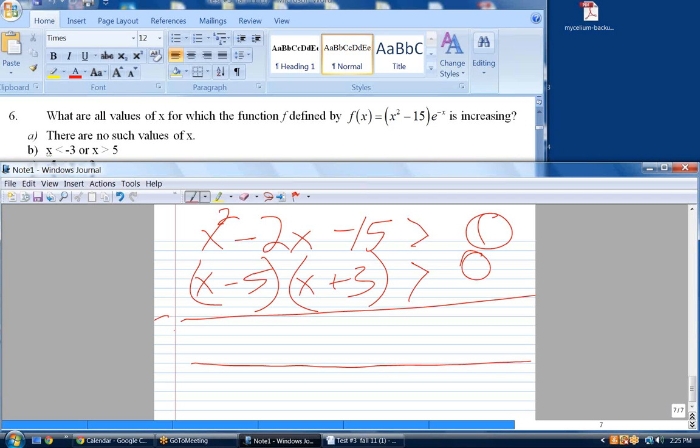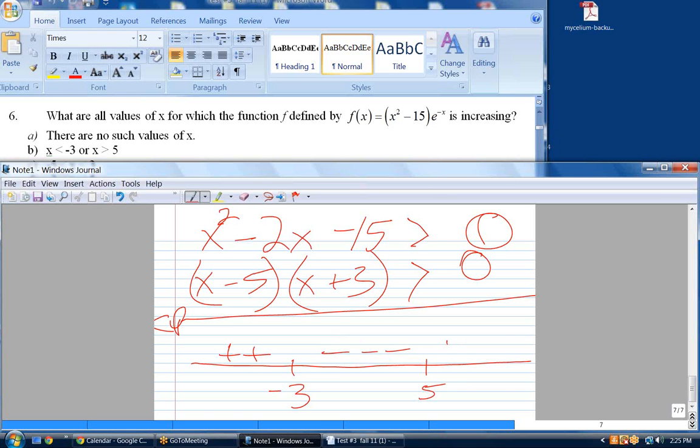Yes. Okay. What are my critical points? Negative 3 and 5. And if I test points to the left of negative 3, I get minus, minus, so those are all plus. If I check points in between, I get minus times a plus.